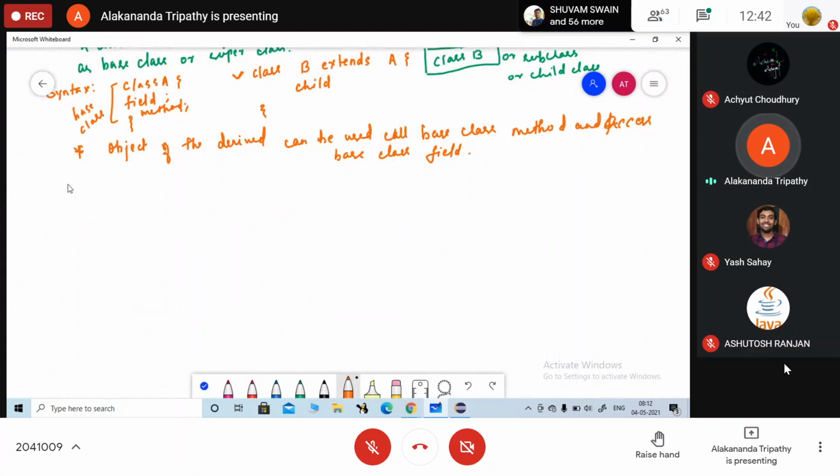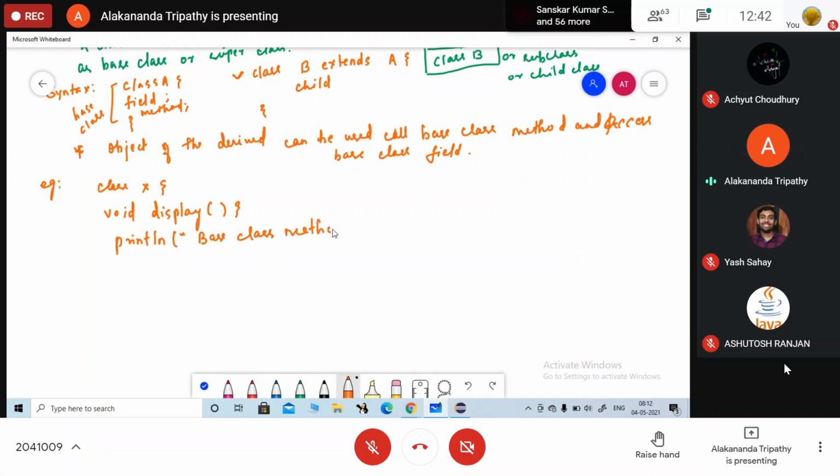Single inheritance. Here the example is: class X, void, the method name here is display. System.out.println base class method. The class closes.